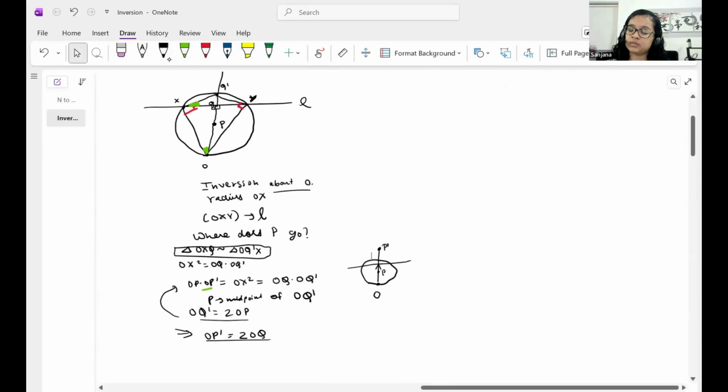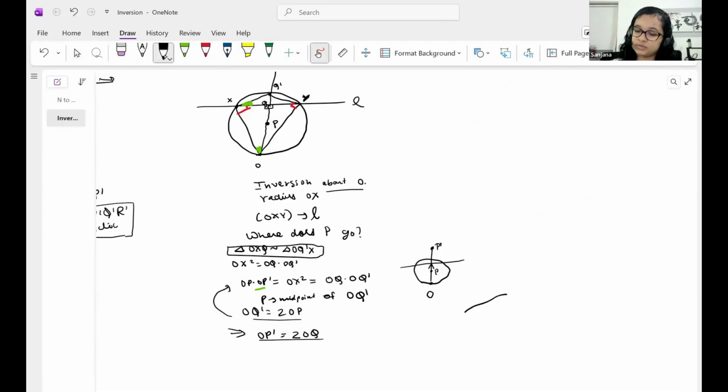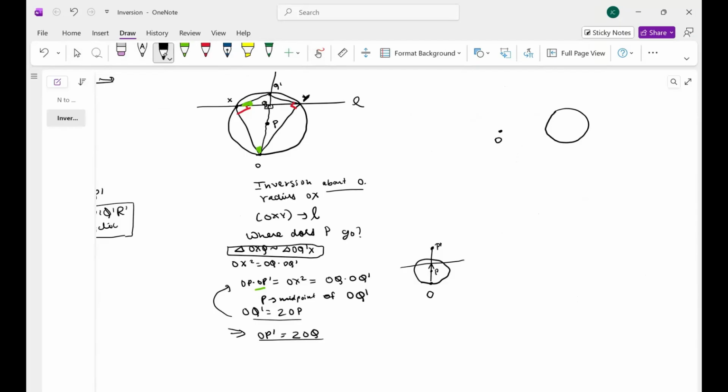Okay, so what happens if we have a circle which is not passing through the center? So you have O, and then you have some random circle. Can anyone tell me what this circle goes to? Another circle.